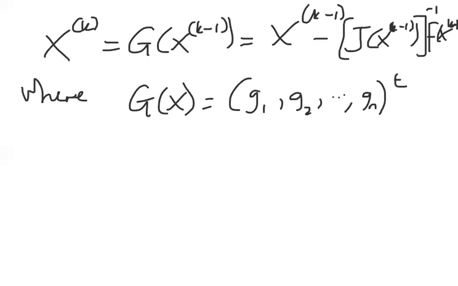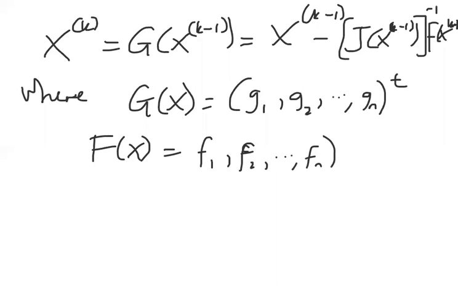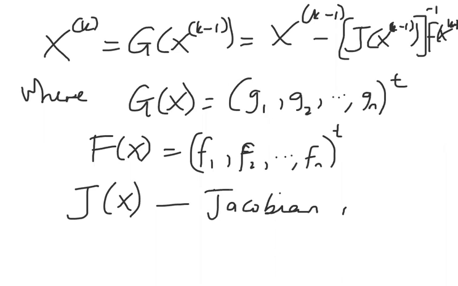And then this F(x), like we said, will just contain these functions, which we are calling F1, F2, and so on up to Fn, transpose. And then J(x) is the Jacobian matrix. This is a Jacobian matrix, and it is given as follows.